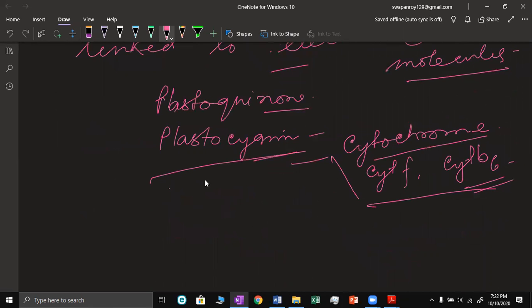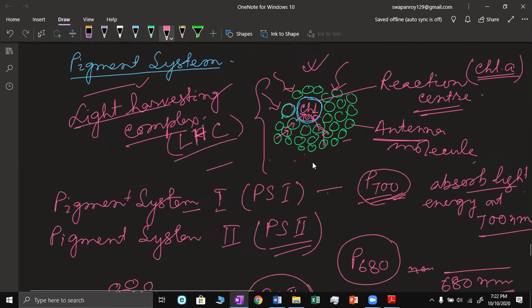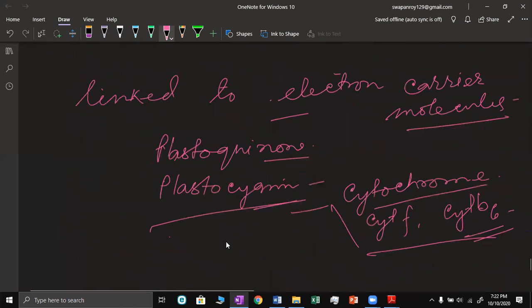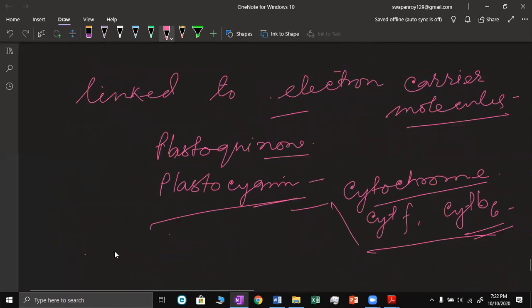The light harvesting pigment system 1 and pigment system 2, when they absorb light energy, this reaction center releases electron.